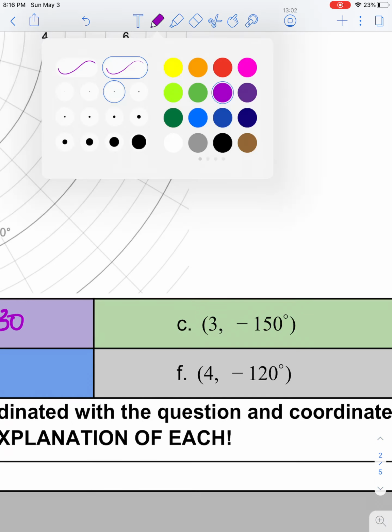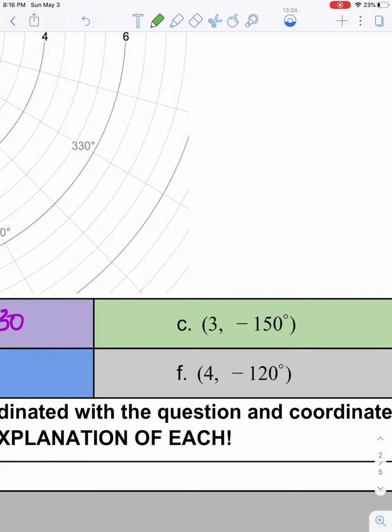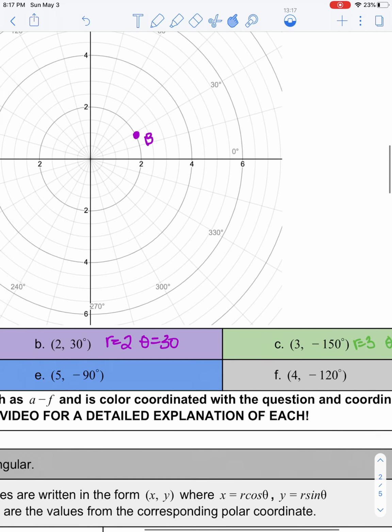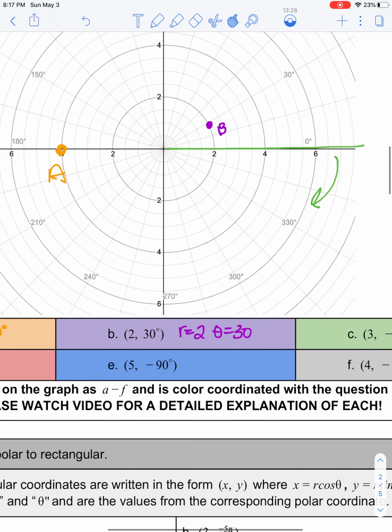All right, point C, we have that R is equal to 3 and theta is equal to negative 150. So this tells us that when we go to plot this from our polar axis, we need to go in the negative direction, right? And we need to go until we hit 150 degrees.